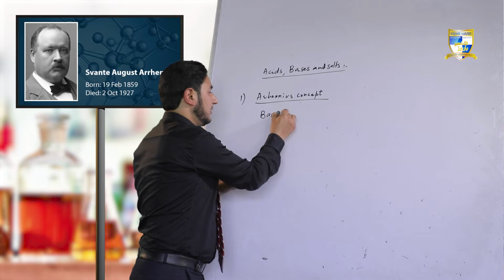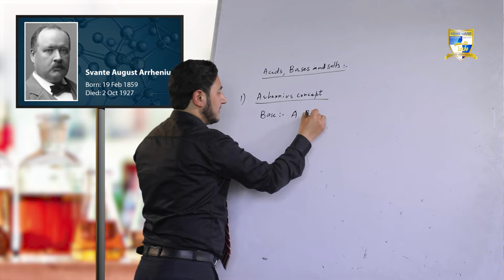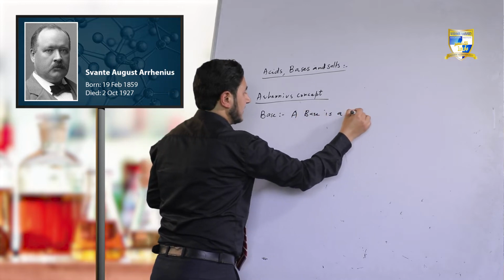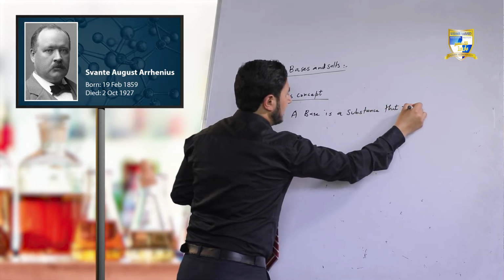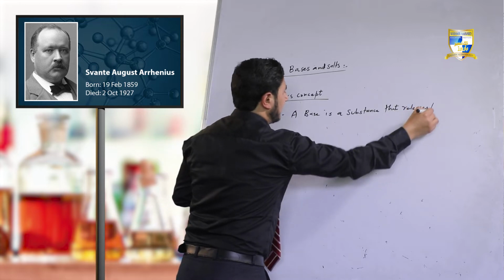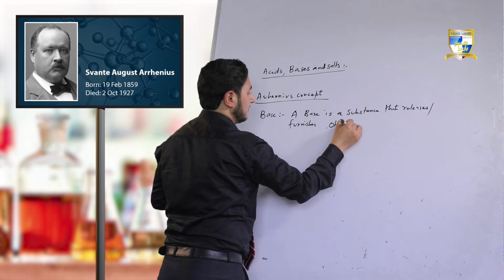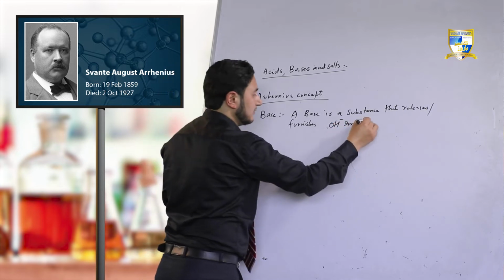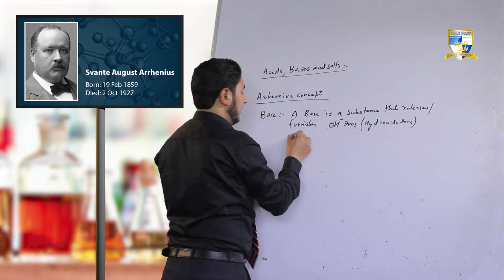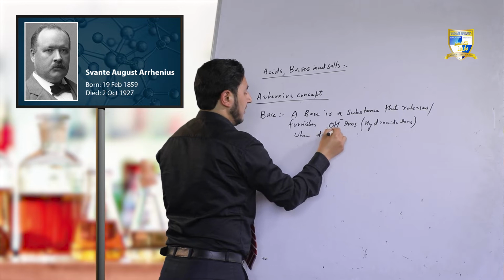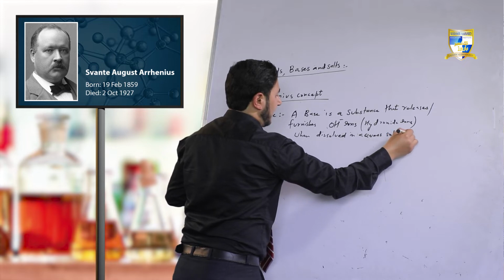What is a base according to Arrhenius? A base is a substance that releases or furnishes OH negative ions, hydroxide ions, when dissolved in aqueous solution.